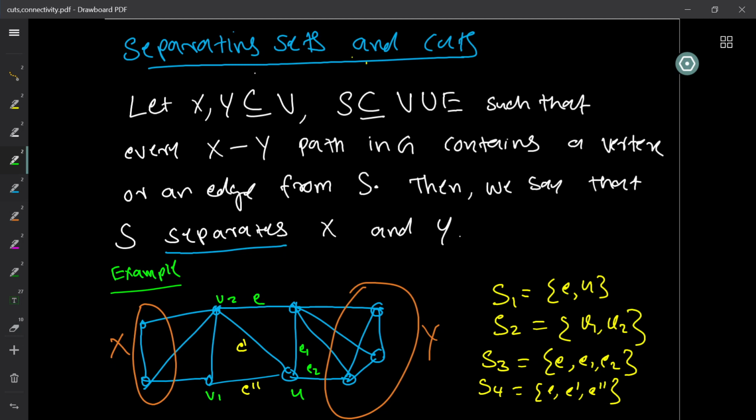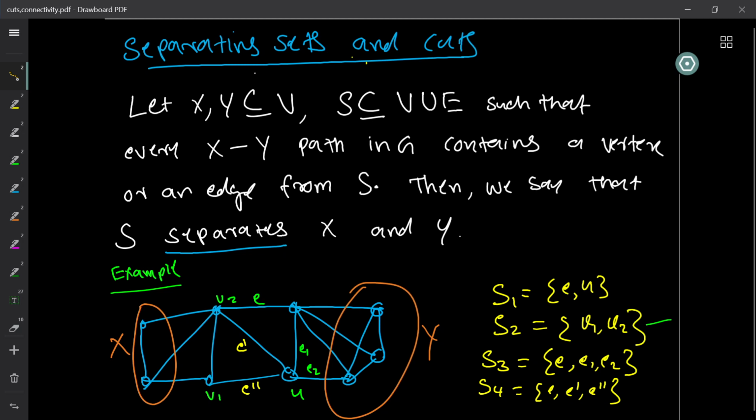Also, there is this edge E, and there is a vertex U. If you don't use the edge E, then you must use the vertex U to go through this. So E and U together form another separating set.